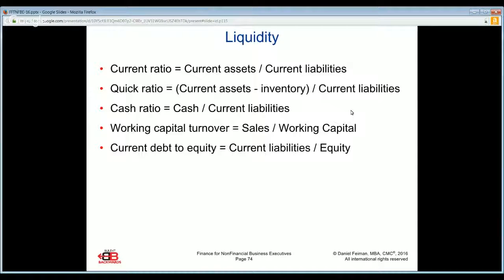So you'll know if it meets the target or not. So with our current ratio, if we look at it in 3, 4, 5 consecutive periods, we can see, is there a trend? Is the trend positive? Is the trend negative? Is there no trend?